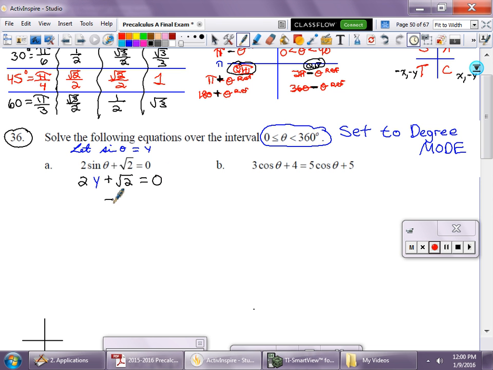So this becomes an algebra 1 problem. Undo addition and multiplication first. We get 2y equals negative radical 2. Solving for y, undo the multiplication, and we get y is equal to negative radical 2 over 2. I want that negative sign to pop.